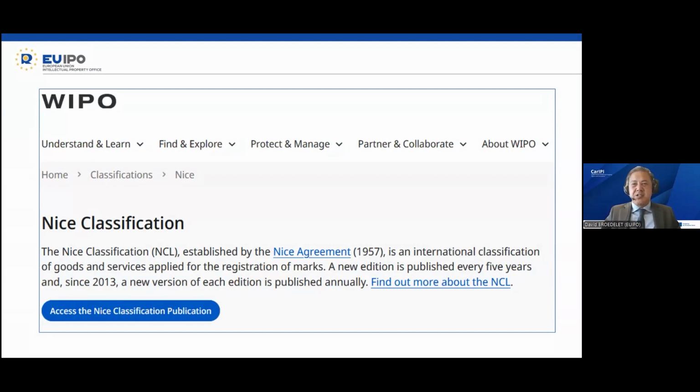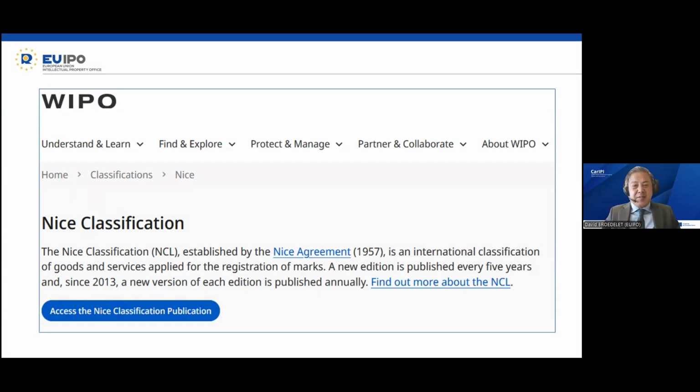This is a screenshot from the WIPO page, the WIPO in Switzerland. Here you see that the Nice classification already exists since 1957. It's an international classification of goods and services, and the EUIPO follows this classification.